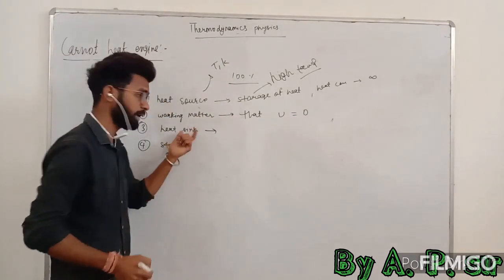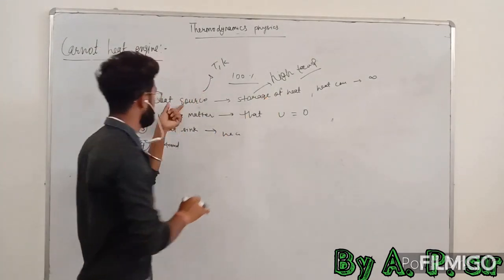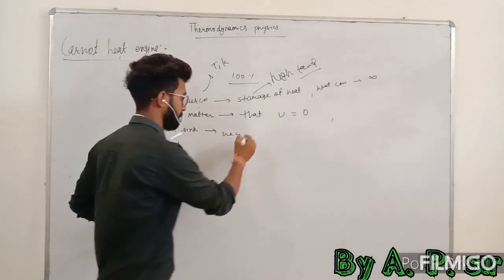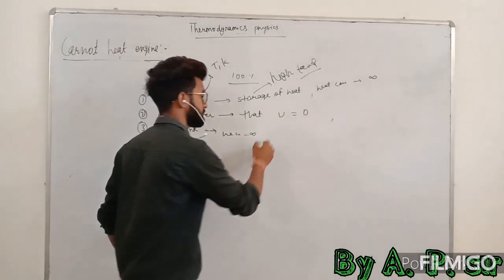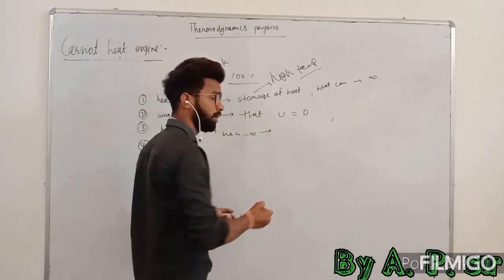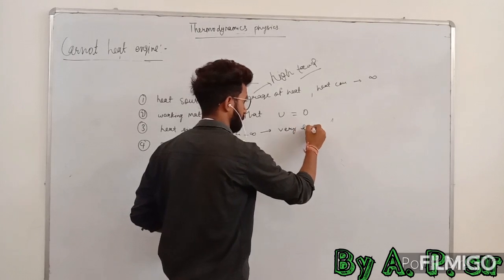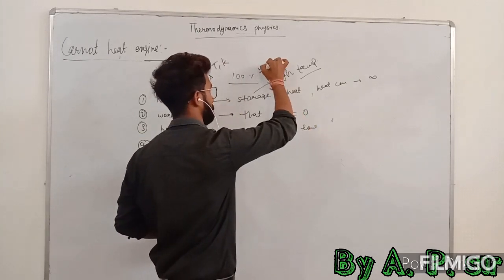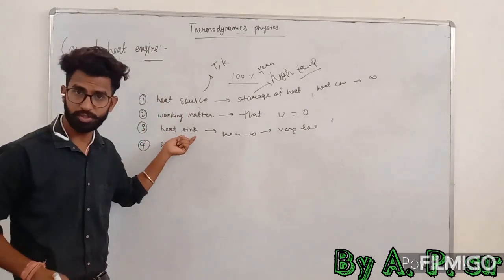Next, heat sink. Its heat capacity, like the heat source, is infinite, but there is one difference: it has low temperature, very low temperature, while the source has high temperature. This is the difference between heat source and heat sink.